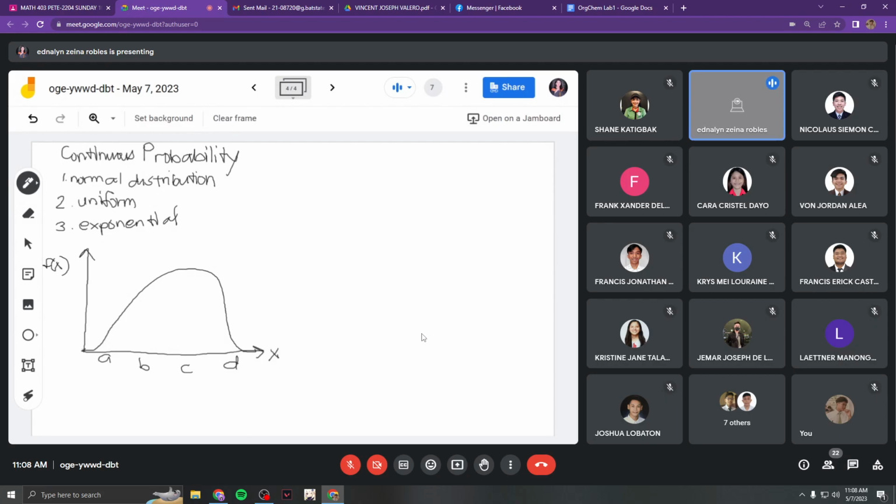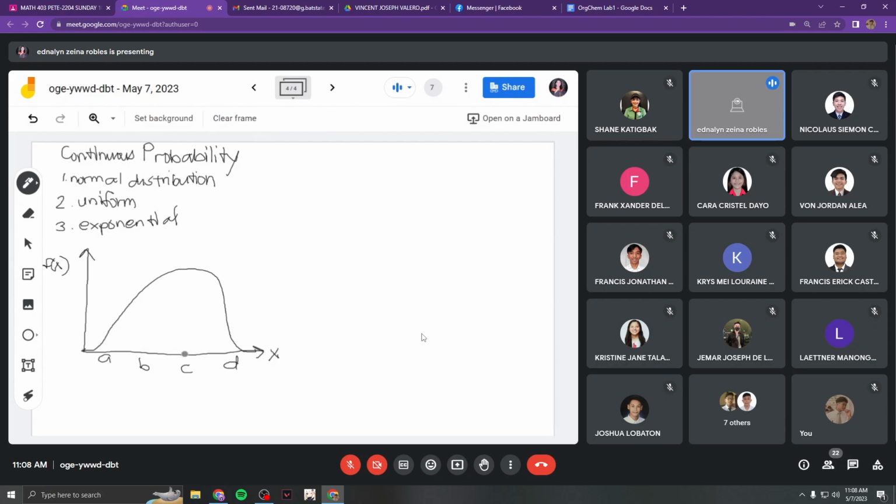So f of x, meaning to say it is the probability mass function. And the probability mass function tells us the height of the curve from any given point on our x-axis. So let me repeat. F of x, or the probability mass function, tells us the height of the curve above the x-axis at any given point.